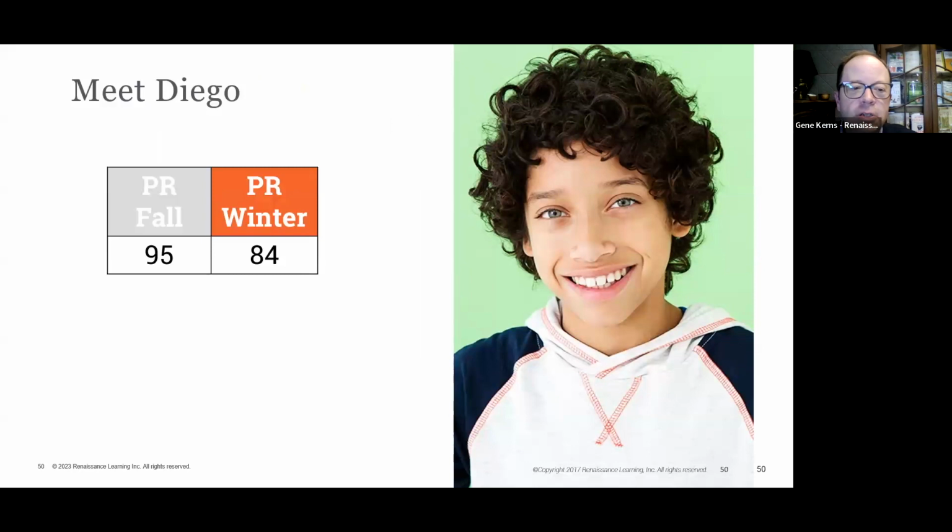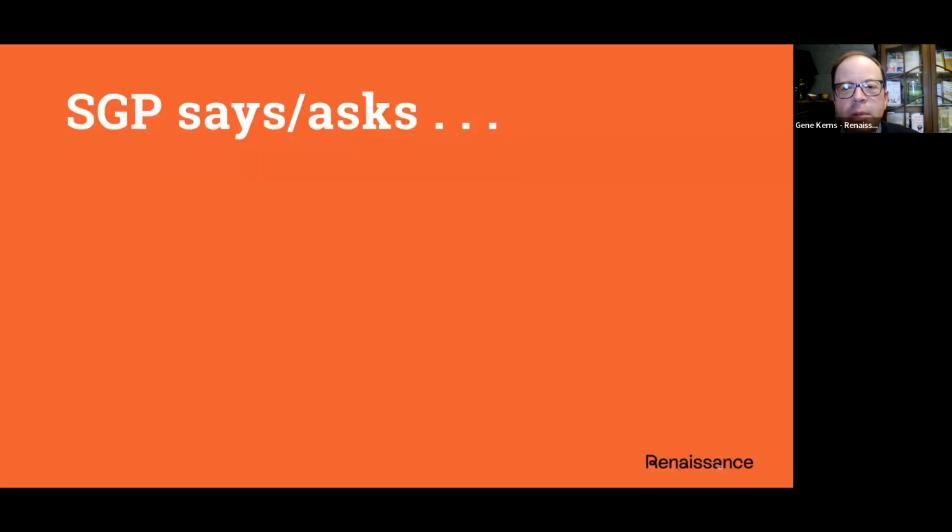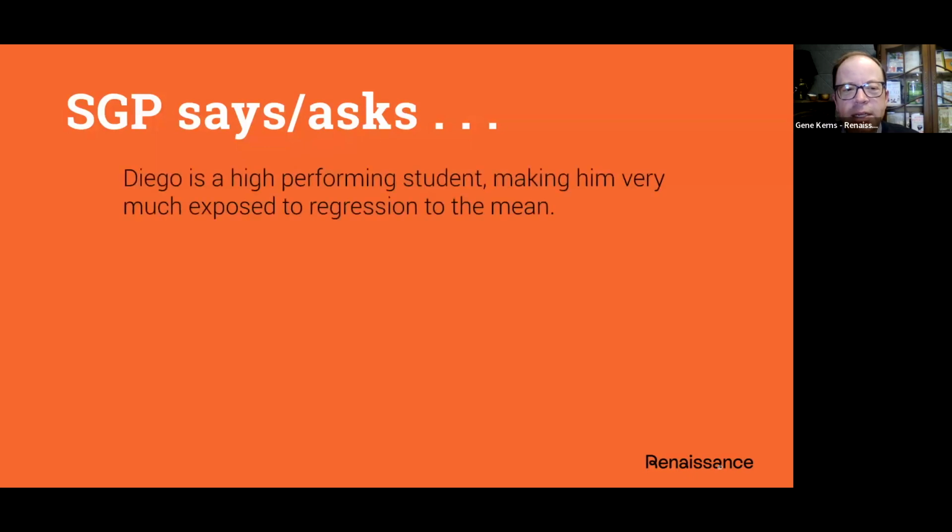So when Diego took the test in the fall and got a percentile rank of 95, and takes it again in the winter and gets an 84, our subtraction model says, oh my gosh, Diego's falling. He went down 11 percentile points. The SGP model looks at it a little bit differently. What it says is Diego's a high performing kid. That makes him really exposed to regression to the mean because regression to the mean is pulling everybody back towards the center.